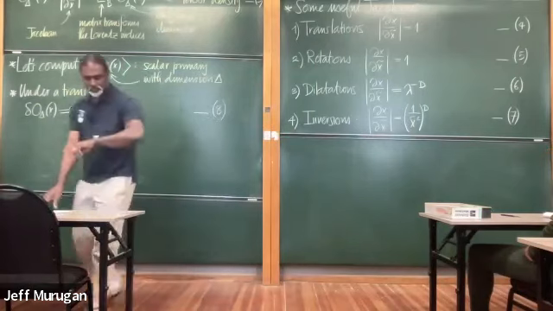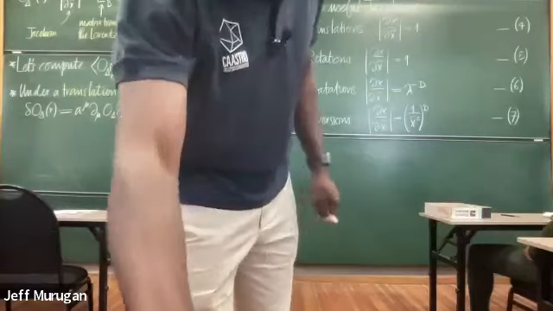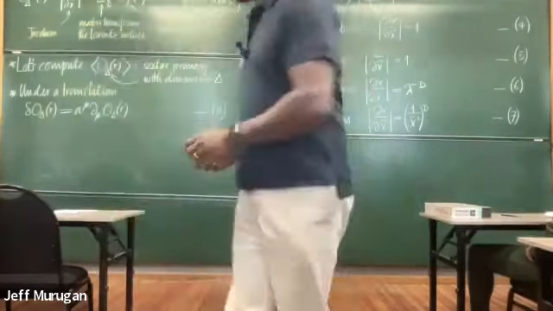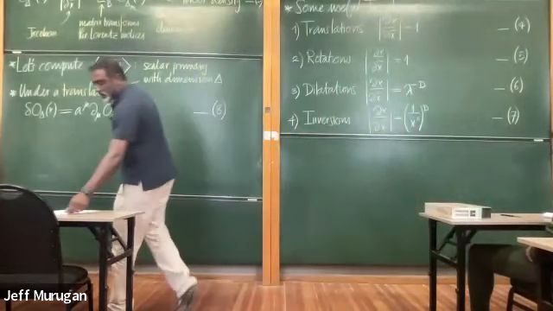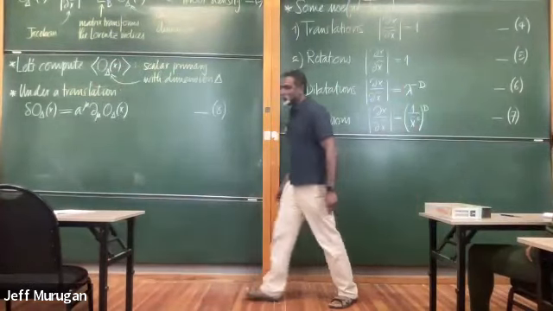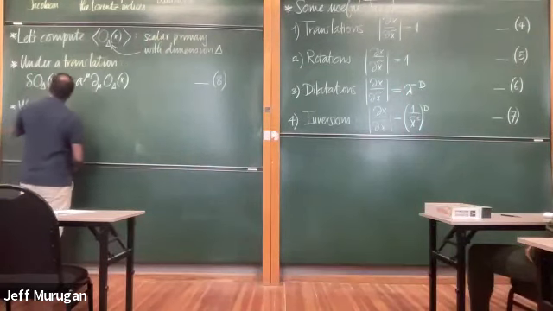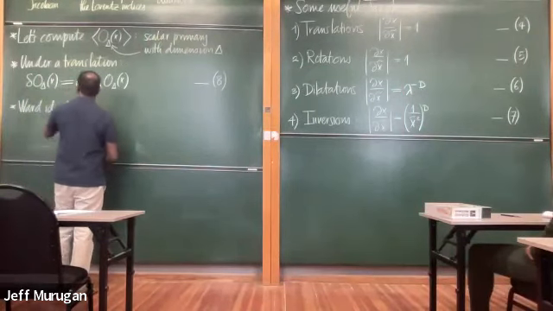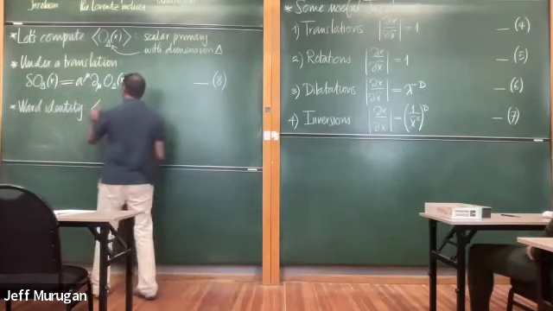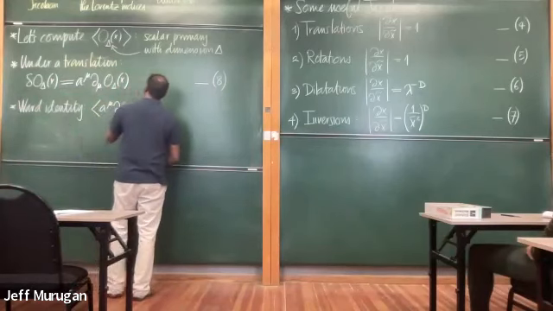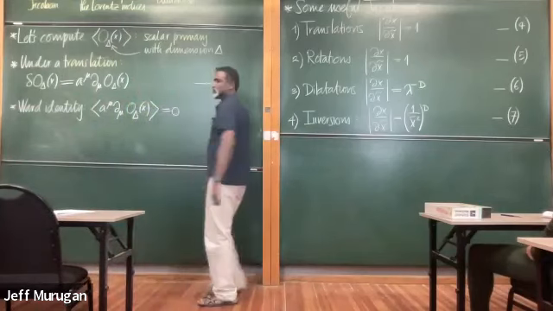Since this is a one-point function, the Ward identity reads as follows: A mu d mu O delta of x must equal 0.